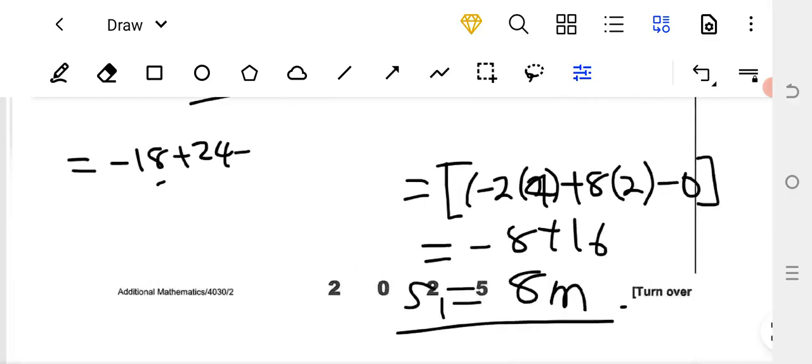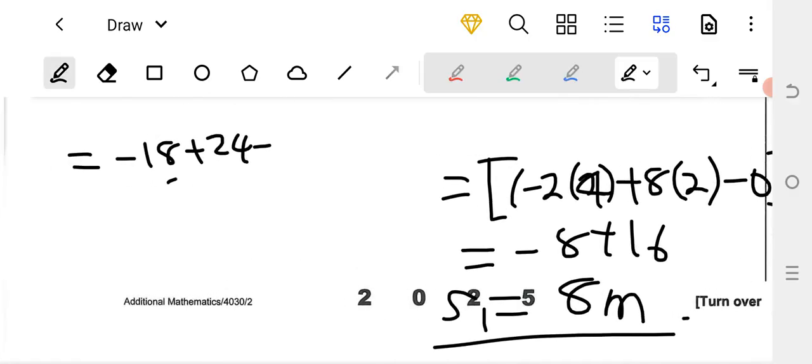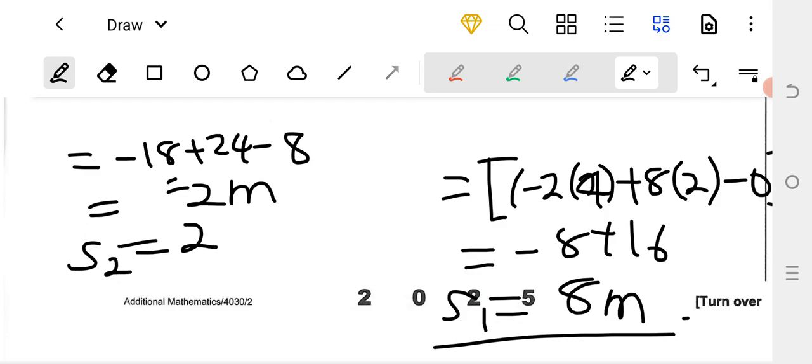So let me zoom in. Writing what we did, we'll say minus 8. So we are going to say negative 18 plus 24 minus 8. It's going to give you a negative 2. It's equal to negative 2 meters. S2 is equal to 2 meters.